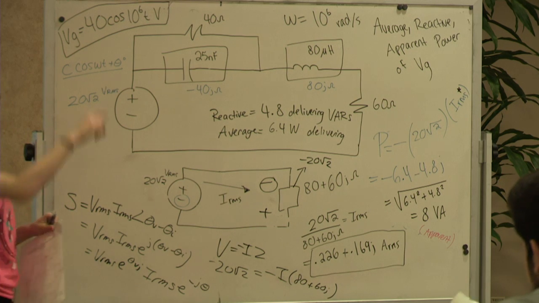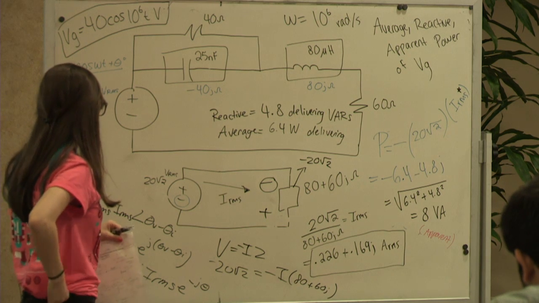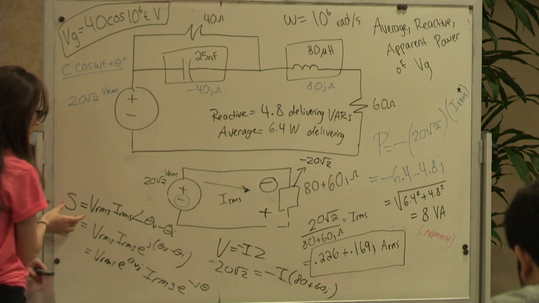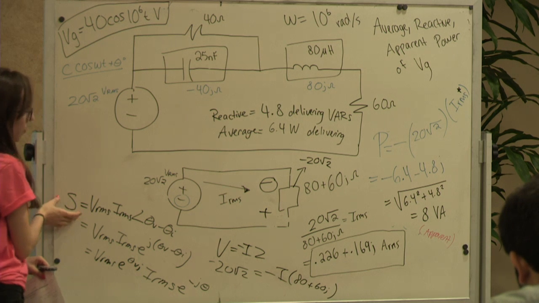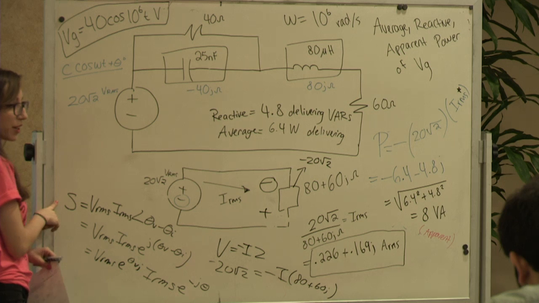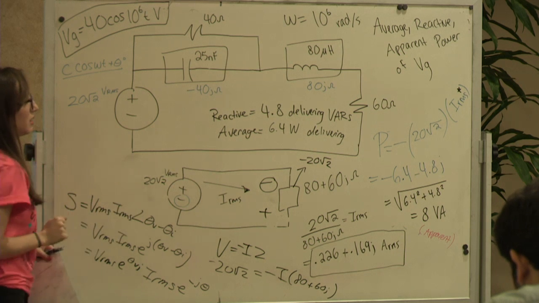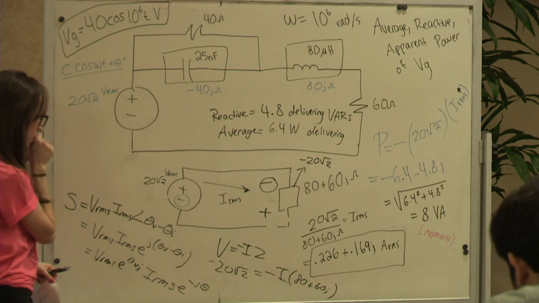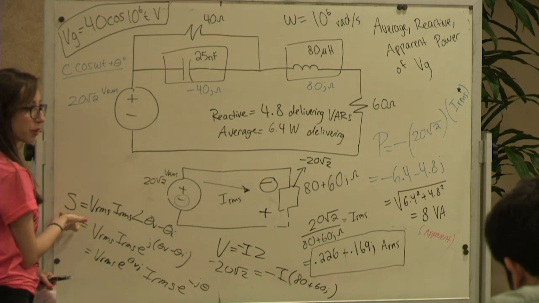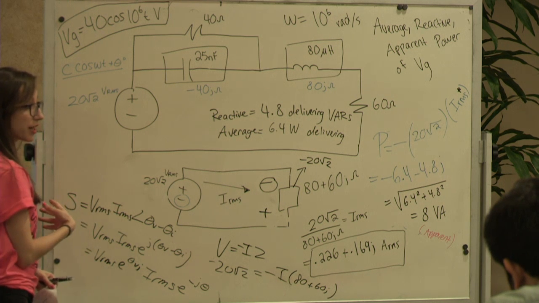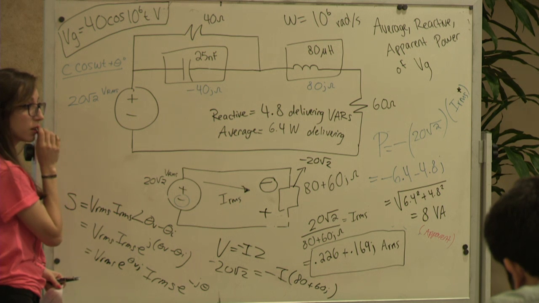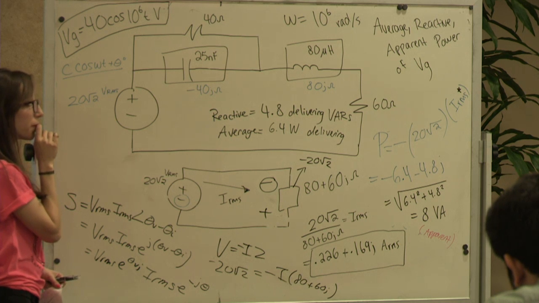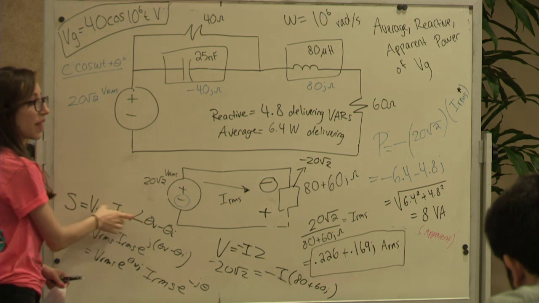Any other questions? Yeah. The formula you wrote over there, S equal to V RMS times I RMS conjugate, is that the complex power formula? This is not the magnitude of apparent power. I don't know the exact term for this, but it includes both the real and the reactive component, the average and reactive power, this S. It's the same thing as voltage RMS times current RMS times cosine of theta V minus theta I. And this is just in polar form.